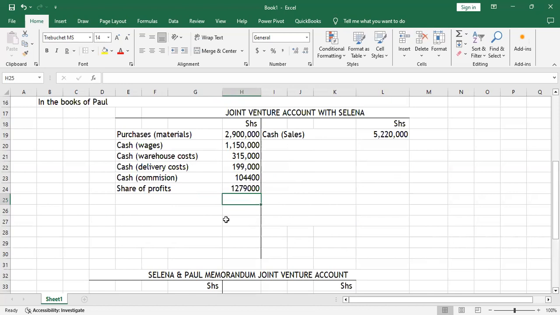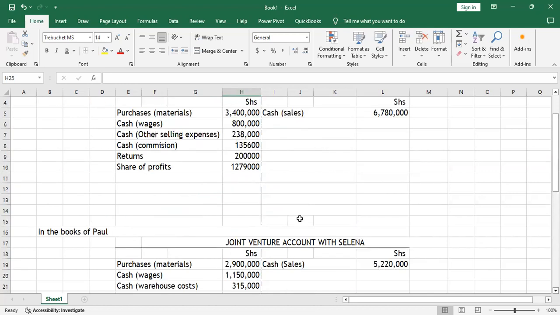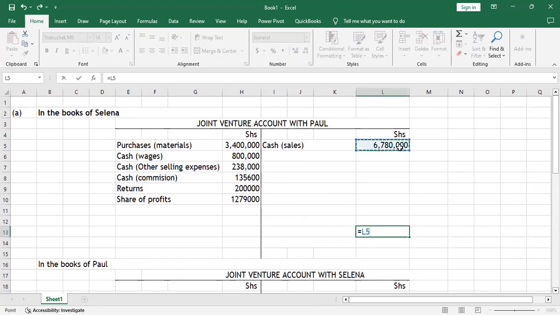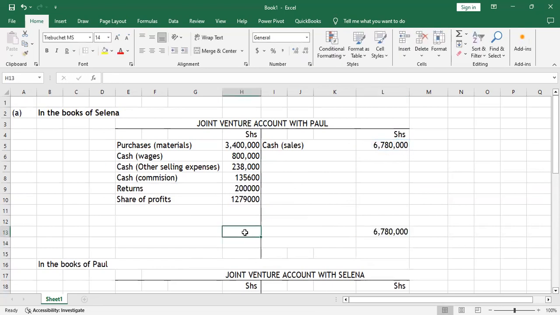So now what you have to do is to balance off these accounts. You can start with Selena's books. Let's try to find out. So this is our total. Of course, the credit side is bigger, so I'll make the two sides equal, but there will be a balancing figure which we have to find out.